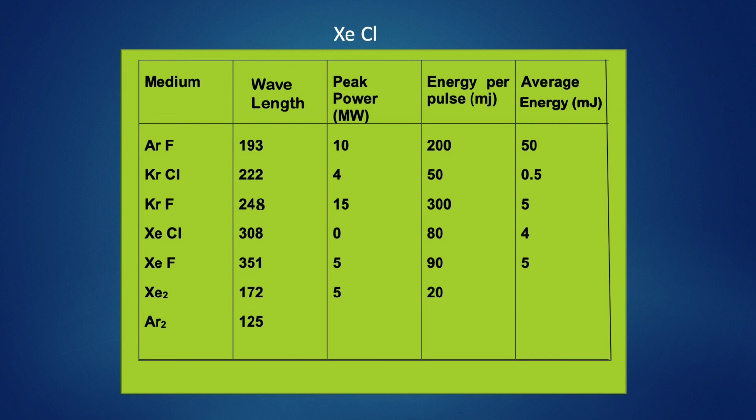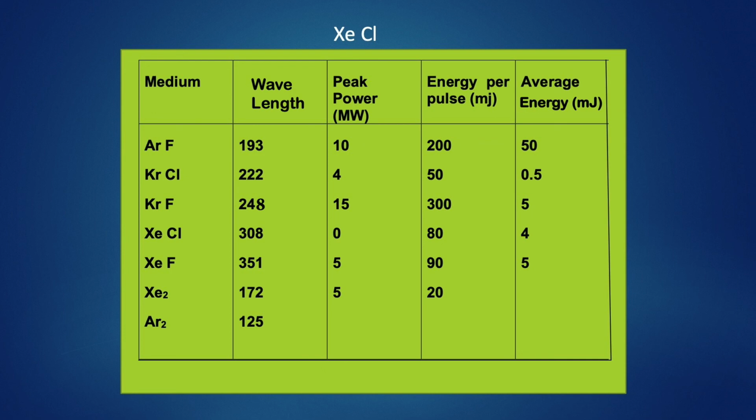You can choose a variety of noble gases and very reactive gases, and combine them to get ultraviolet pulse lasers with peak power from 4 megawatt to 15 megawatt. Remember, this is the peak power, and the pulse width is usually about 15 to 20 nanosecond.